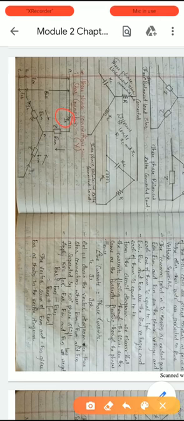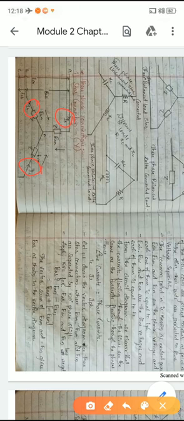Next we'll calculate the currents. Let me call this current IA, this current IB and this current IC. The currents flowing from terminals A, B and C are respectively IA, IB and IC.